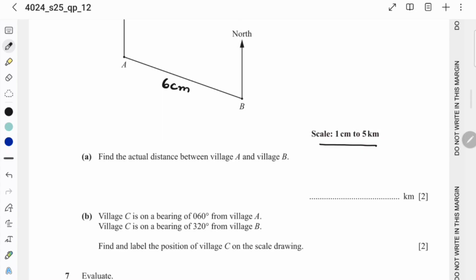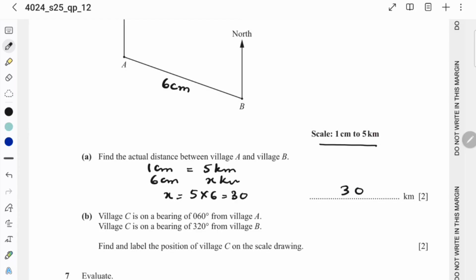Now I'm going to find out the actual distance. You know that 1 centimeter represents 5 kilometers, then 6 centimeters will be how many kilometers. So just simply cross multiply, then the actual distance will be equal to 5 times 6, which is 30 kilometers.